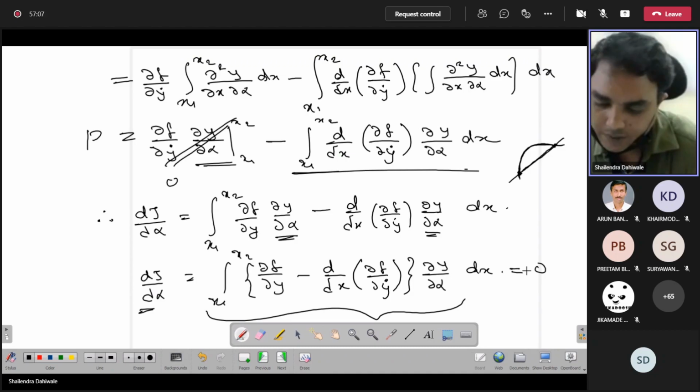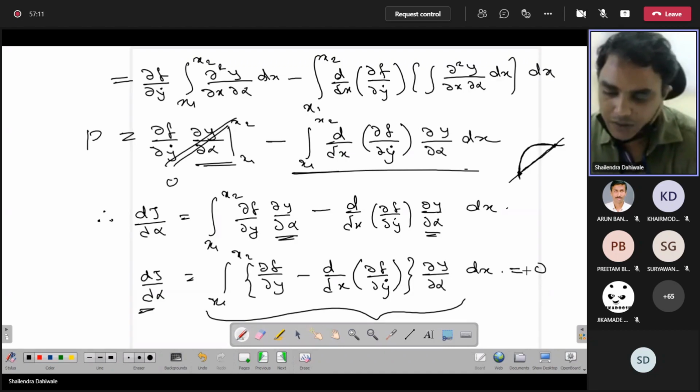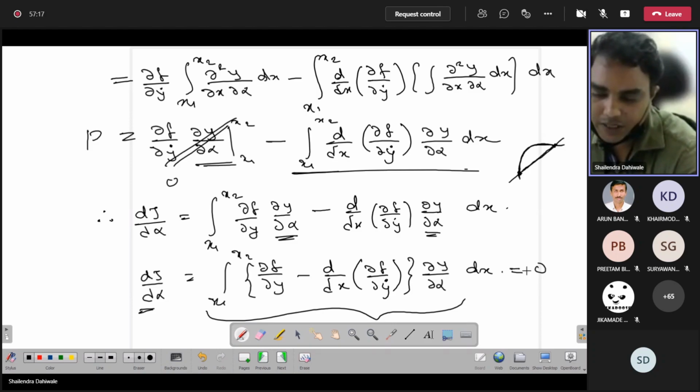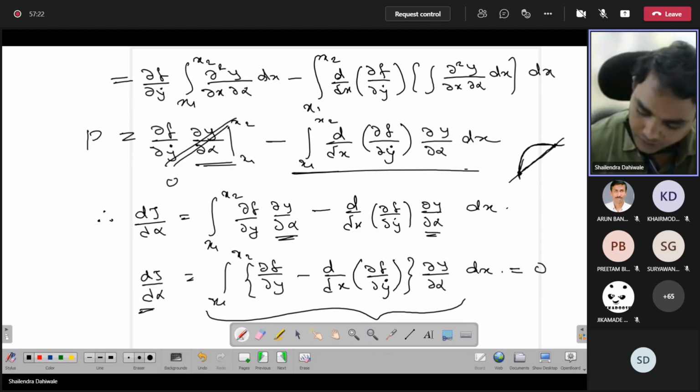Now, what is my del y by del alpha? Del y by del alpha is a function of x, and that we have chosen as an arbitrary function. This is any arbitrary variation from your actual path, except that the endpoints are fixed.